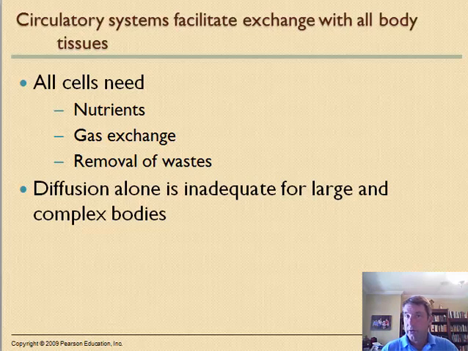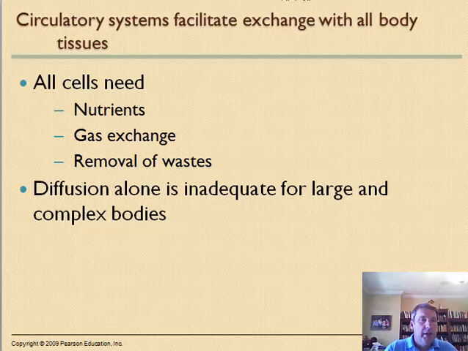Also, the digestive system we looked at, the nutrients and vitamins and things are transported in the circulatory system. So it's a very important system to tie the other systems together and provide transport to cells that need things.